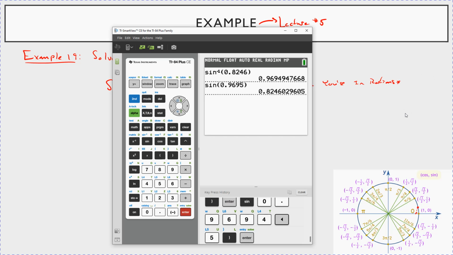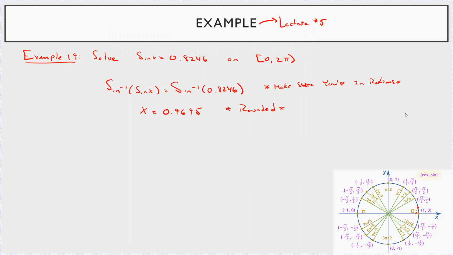Now, here's the thing. There's another solution on 0 to 2 pi, and it's this point over here, but I have to figure out how to find that point. This is where it gets really complicated. Remember this is in radians. So this is pi, but I'm backing it up this distance.